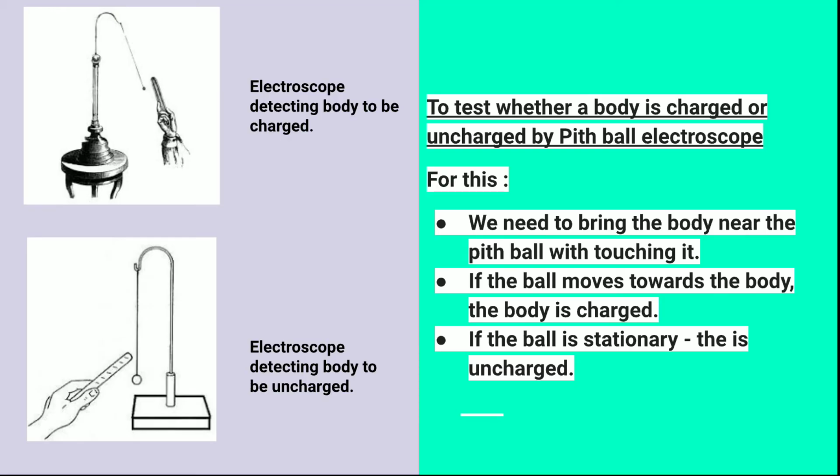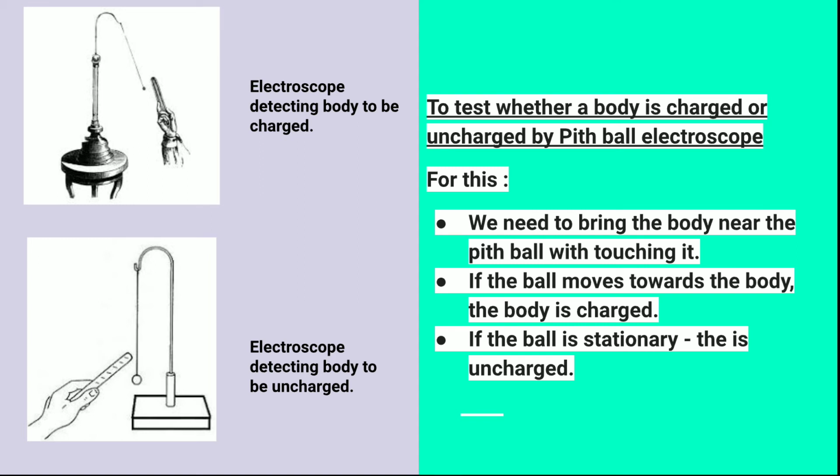Next is how an electroscope detects a charged or an uncharged body. That is detected by a pith ball electroscope. How is it done? For this we need to bring a body near the pith ball without touching it. We keep the rod which is to be detected, whether it is charged or not, near the pith ball without touching it.